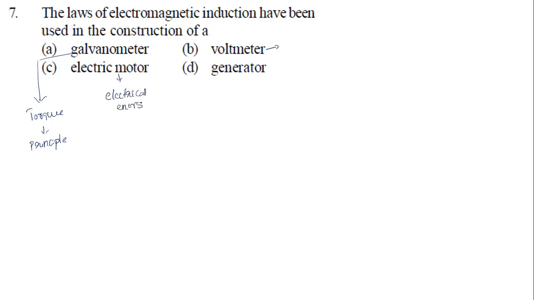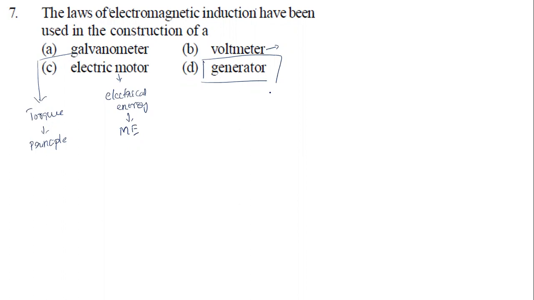Electrical energy to mechanical energy. So basically, electromagnetic induction is what now? Opposite to this, right? So the correct option is what now? Generator. In a generator, for example an AC generator, what are we going to do? We are going to rotate the coil mechanically, right?